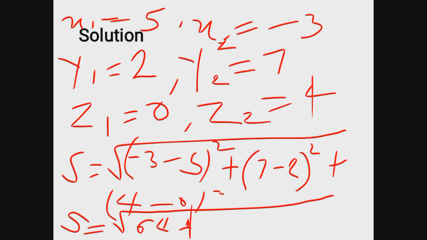y2 minus y1, that is 7 minus 2, that's 5, and 5 squared is 25, plus z2 minus z1, that is 4, and 4 squared equals 16. Now if we sum that up, we have 64 plus 25 plus 16, that gives us 105, and the square root of 105 is 10.2.